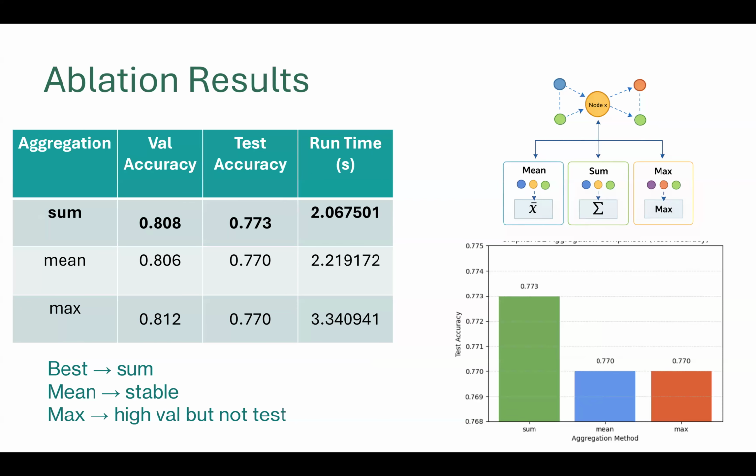On the other hand, max aggregation achieved the highest validation accuracy, but did not translate into better test performance, which suggests possible overfitting. Overall, this experiment shows that more expressive or complex aggregation methods do not always lead to better generalization, and simple methods like sum or mean can often be more reliable.